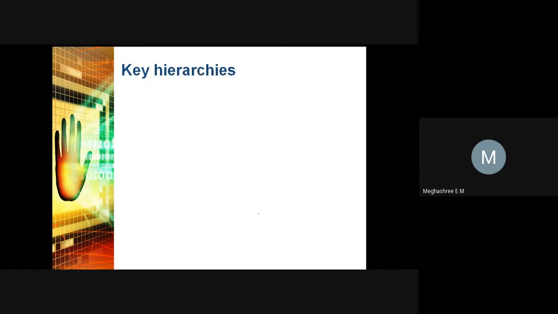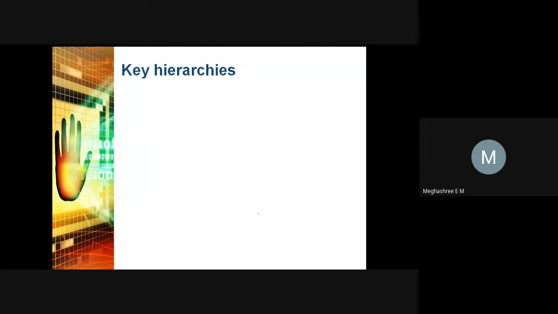But what happens with respect to key establishment? A particular mechanism that is used is given here as key hierarchies. That means it is one of the most widely used techniques for managing symmetric keys.